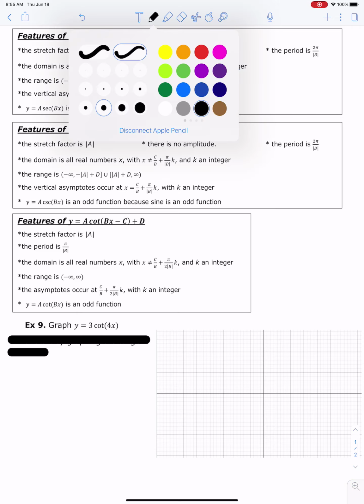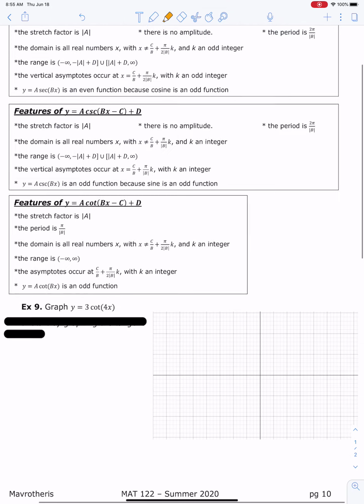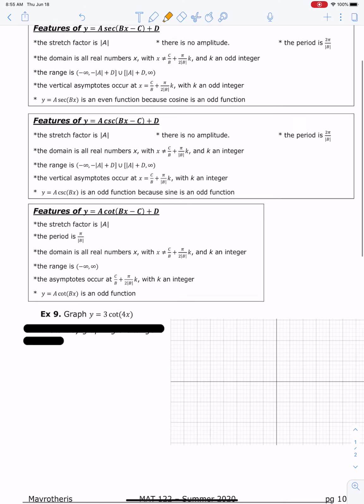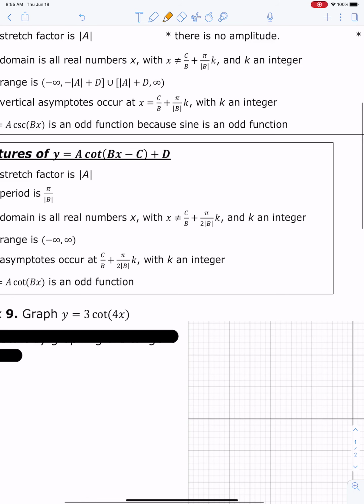Second thing is this mistake right here. So that too should not be there.